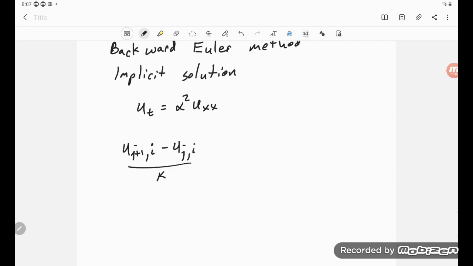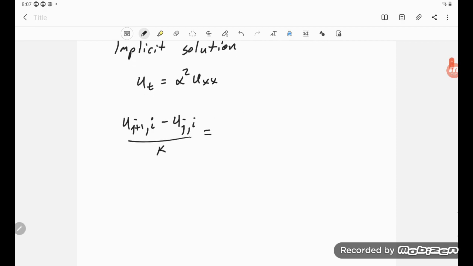So I'm going up one time step. Now, the difference here is that I'm going to say this is alpha squared, and instead of using values that I know at u sub j, at that time, remember we start out with an initial condition. So I know u sub 0, so I could get u sub 1 and so forth from that.